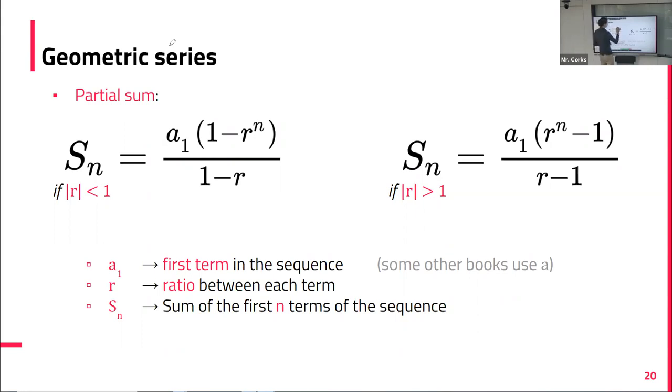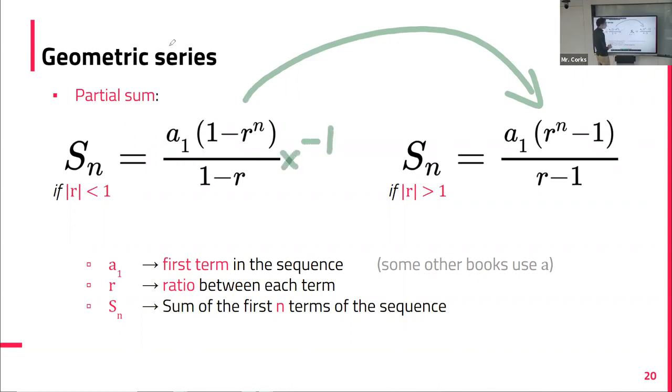If we take this one here on the left and we want to go to this one on the right, what would we do? Multiply by just -1? If we multiply by -1, we're changing the result.